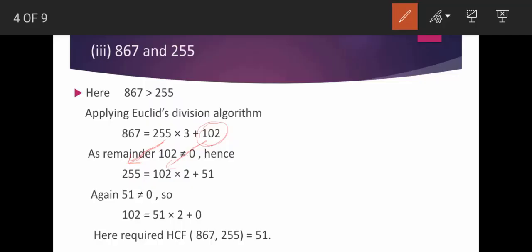So let us check what we get when we divide 255. Of course, we have to perform division once again. We have to divide 255 by 102. While dividing 255 by 102, we got 102 into 2 is 204. Then what remainder comes here? 51.